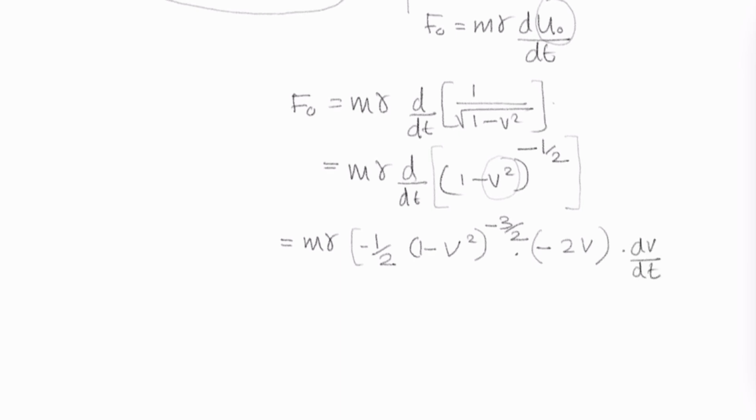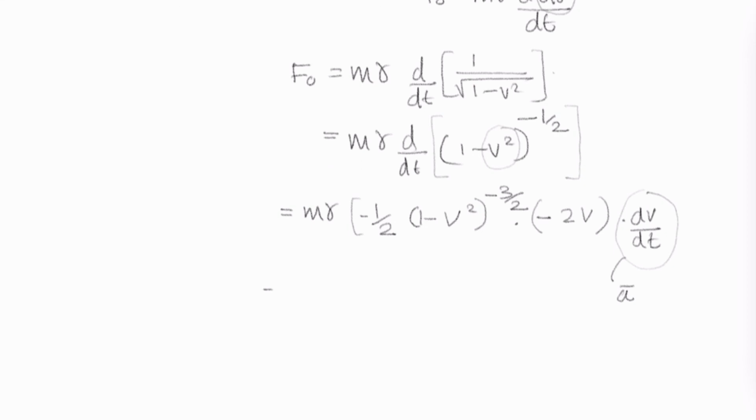And because we are differentiating in terms of t, not v, we have to differentiate v, so that is dv by dt. So this can be written as 1 over square root of 1 minus v squared to the power 3. 2 cancels off, and v times a.